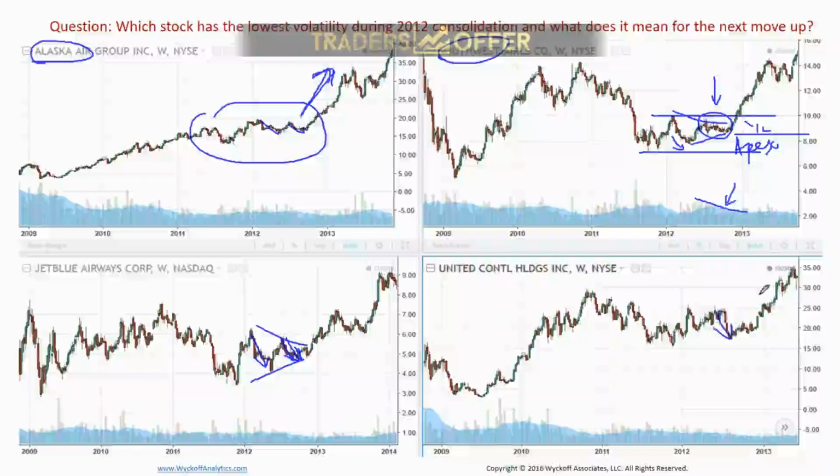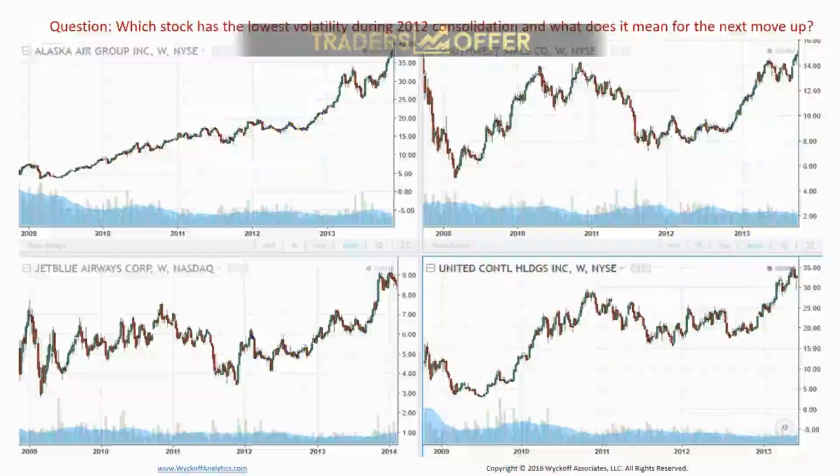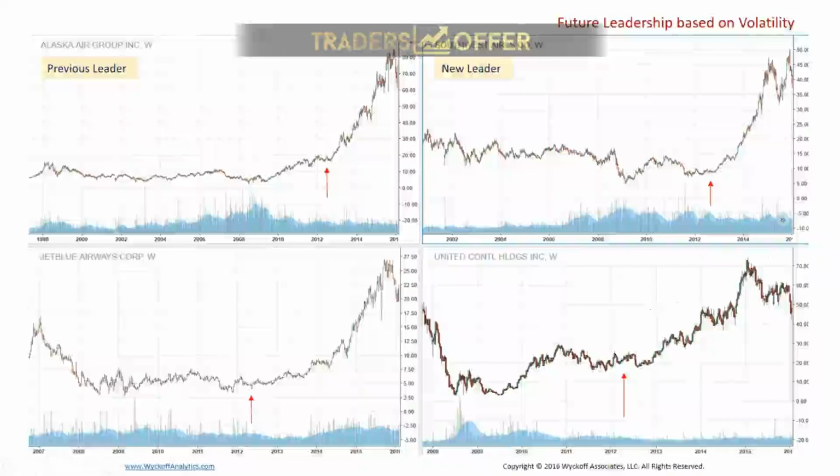And therefore, talking about the result of that low volatility, look at what's happening. We are definitely having the leadership very well defined on the next swing to the upside in both Alaska Group and Southwest. And then the next move for the United and for JetBlue are not that impressive.